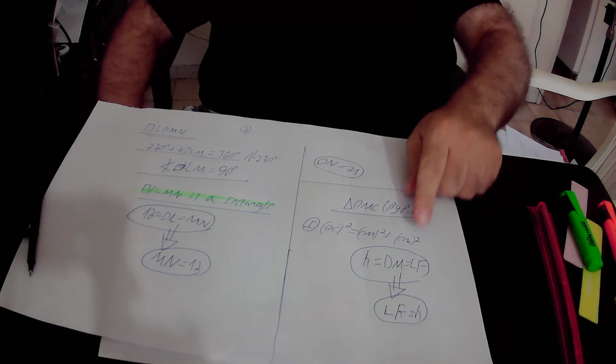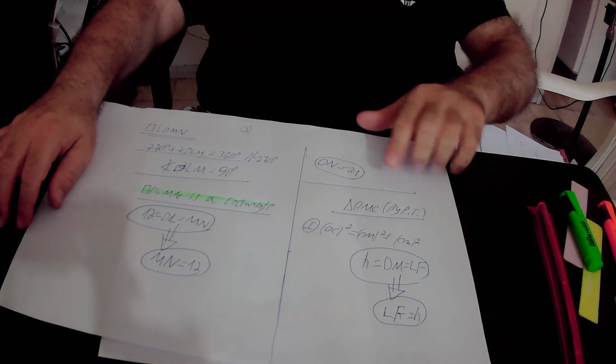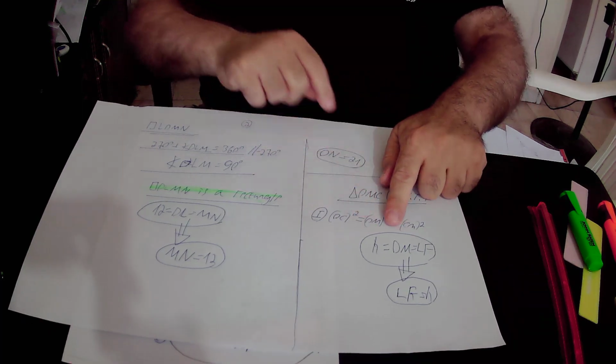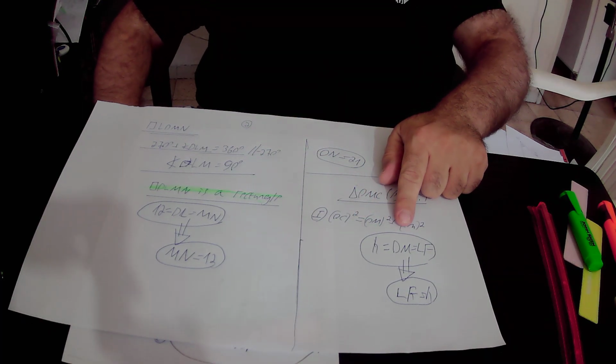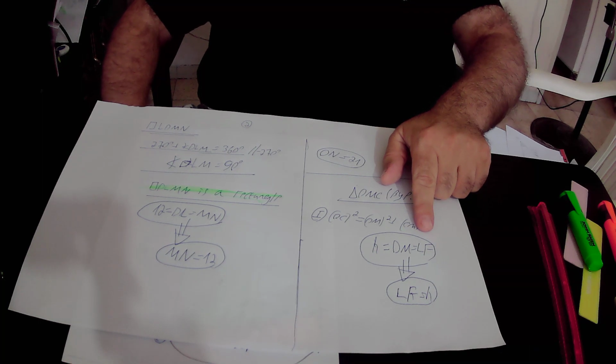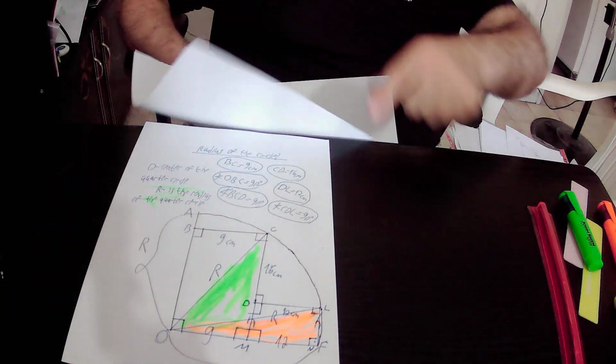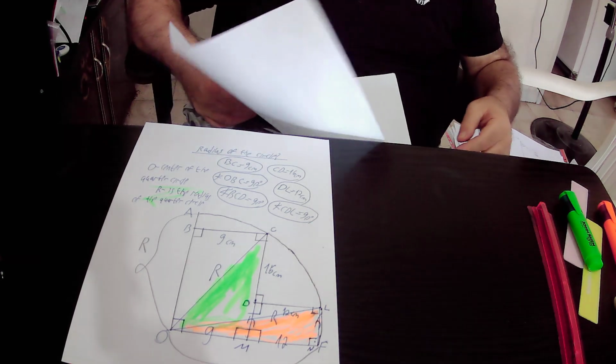Here, DM equals LF. But according to our definition, DM equals H. So from this equation, H equals DM equals LF, we derive that LF is also equal to H. Here, LF is also equal to H.